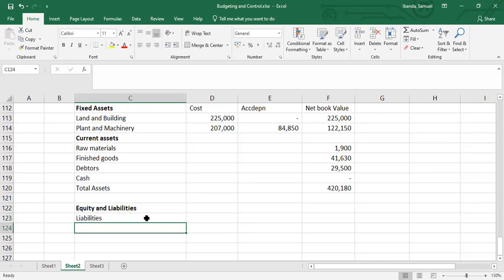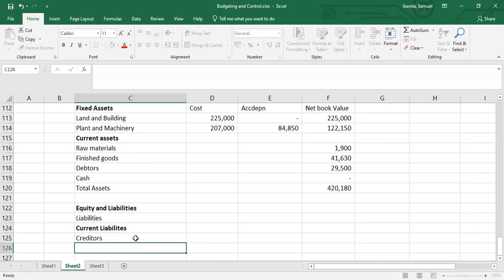But from the question, I see I don't have any long-term liabilities, so I have only current liabilities. Under current liabilities, in the question, I was given creditors. Now creditors, I also have to calculate.